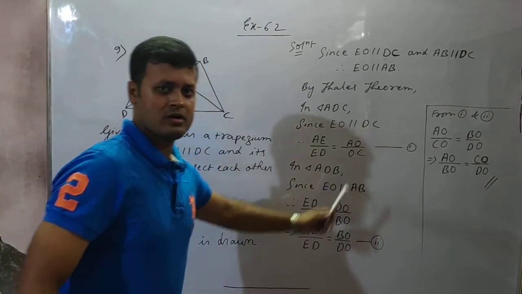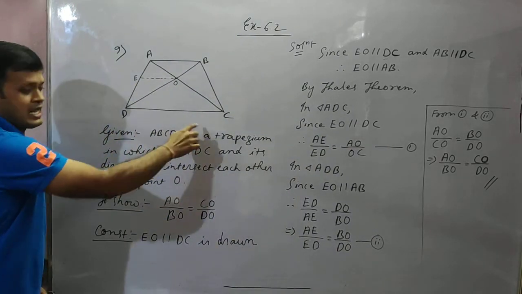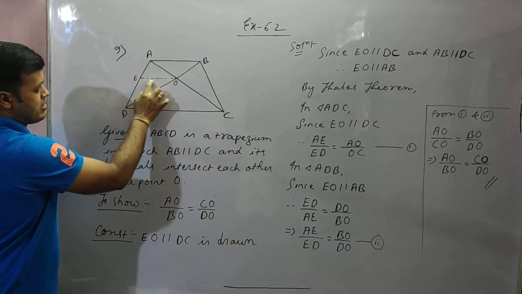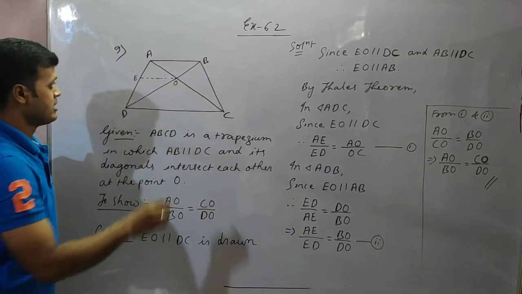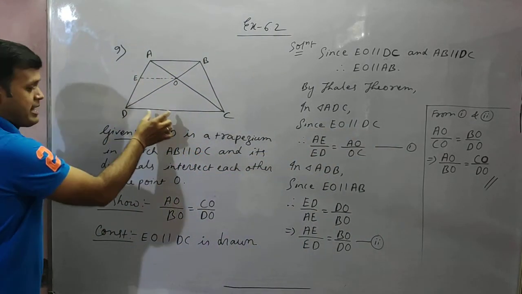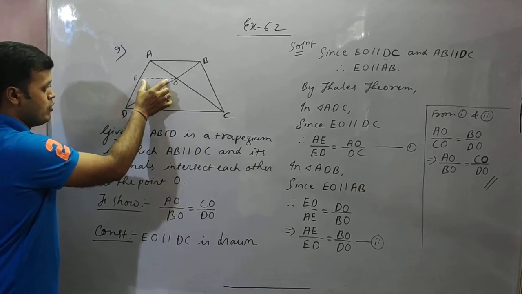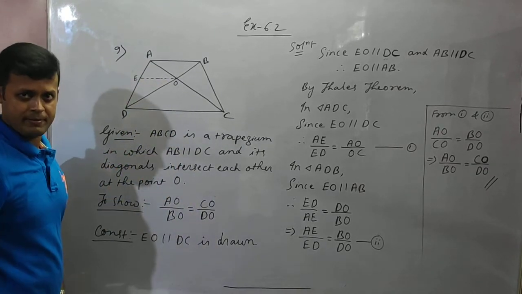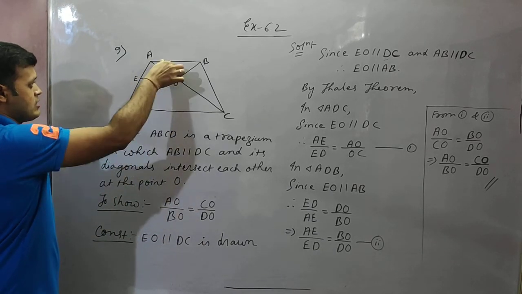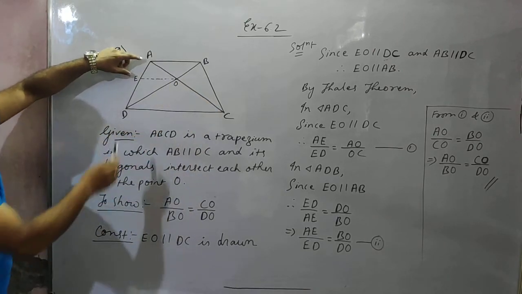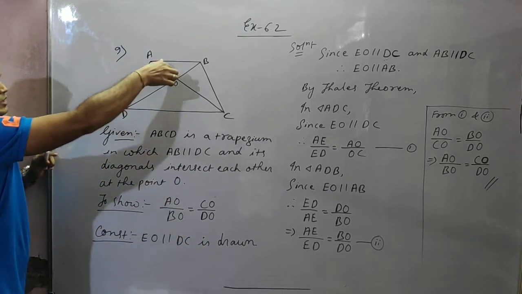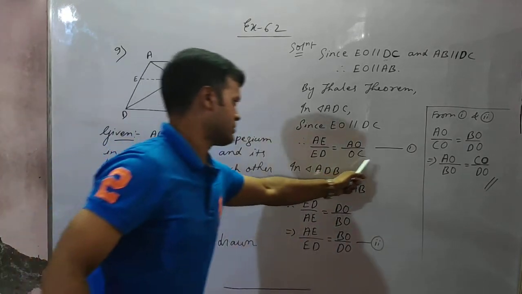Don't look at the other line, just concentrate on EO and DC in triangle ADC. If EO is parallel to DC, then AE by ED is equal to AO by OC. Mark it number 1.